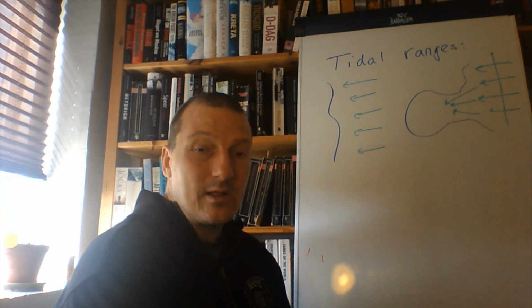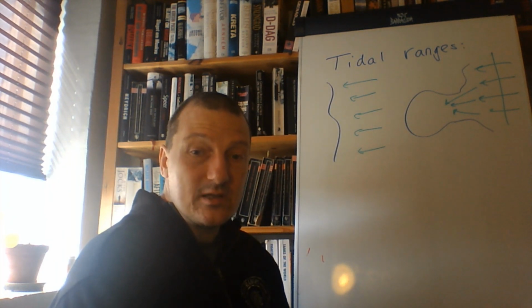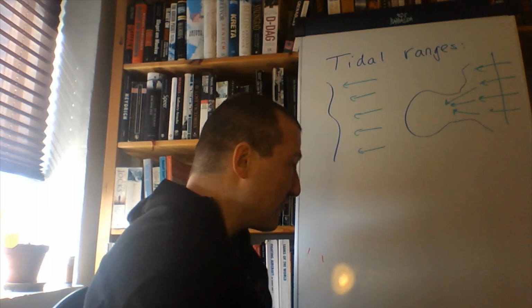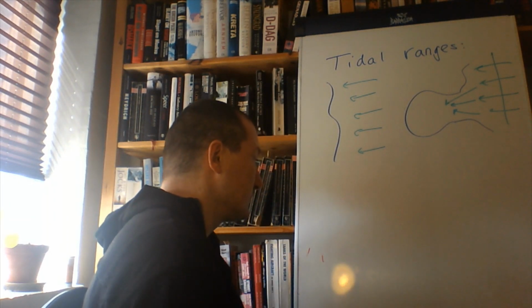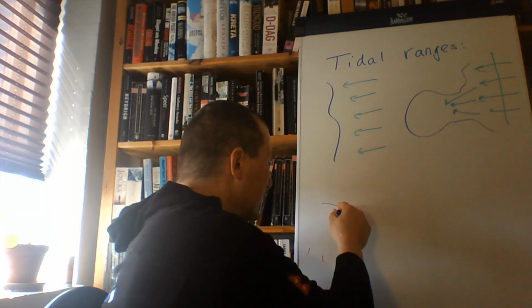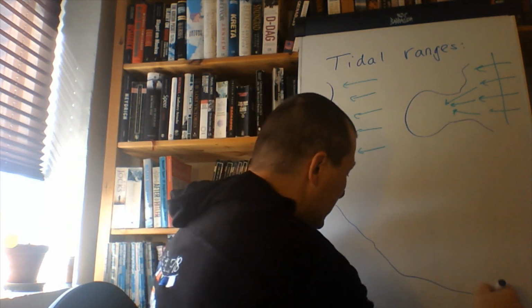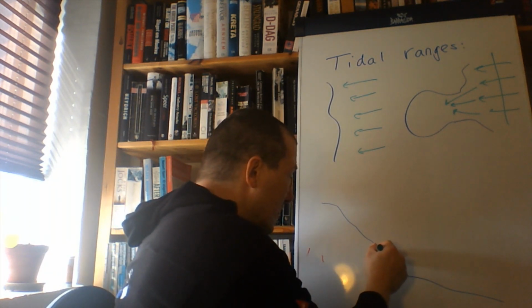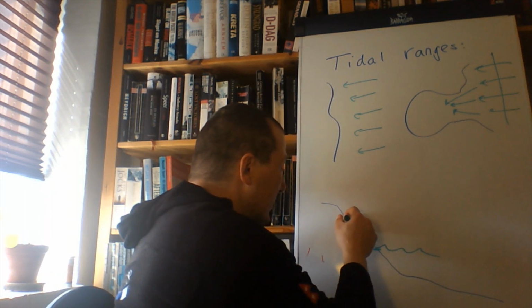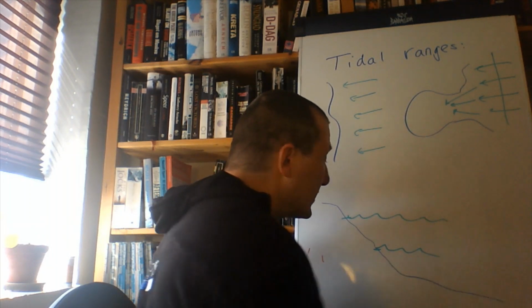Another thing that will affect how big the tide can be is wind. If we have a coast here, let's draw from the side, and this is my low tide, and this is my usual high tide.